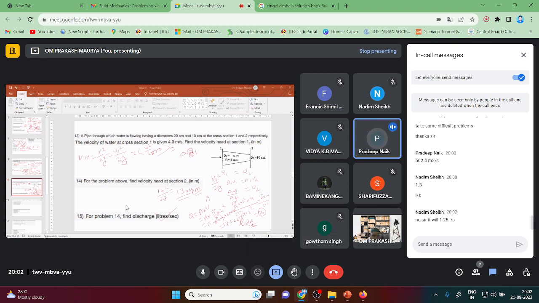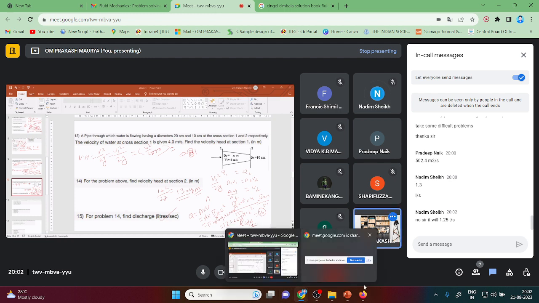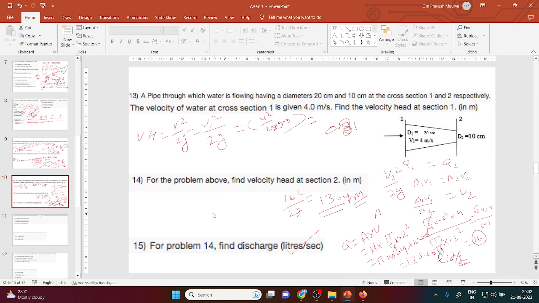Sir, question 15 was for section 2, sir. Yes, I think it was for section 2, not for section 1. So the question will be 14. It will be 1.25 liter per second. Maybe some calculation mistake, let me check again. I think it should be 0.1 square.